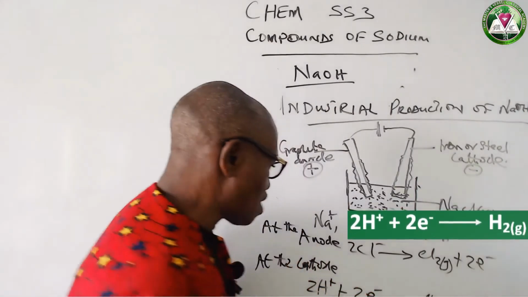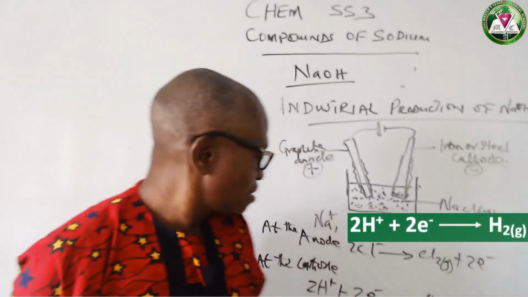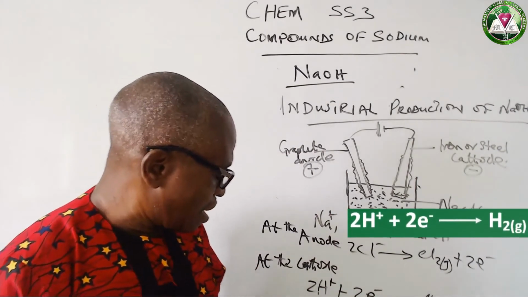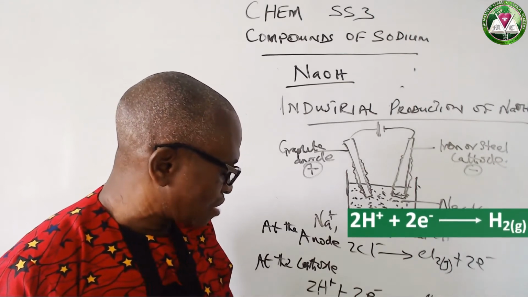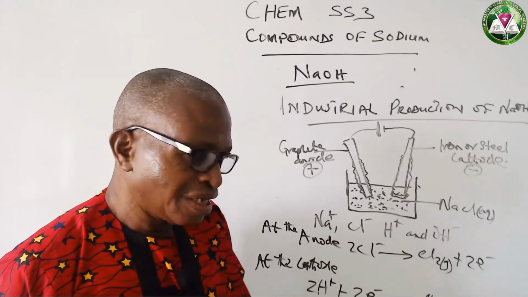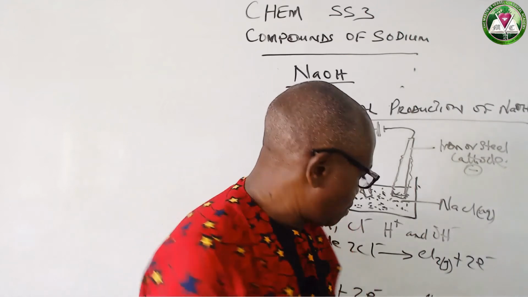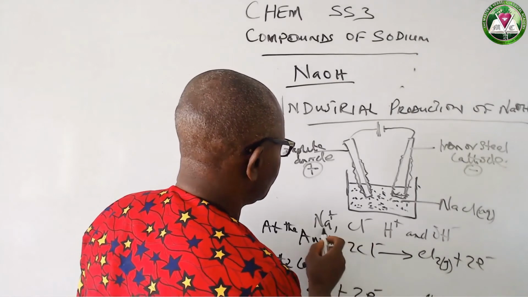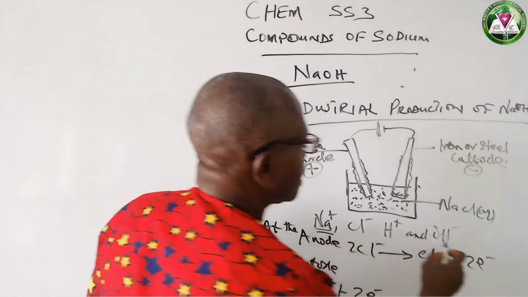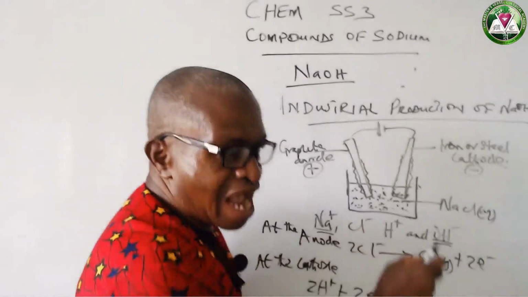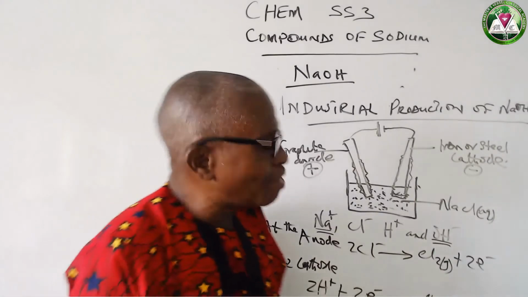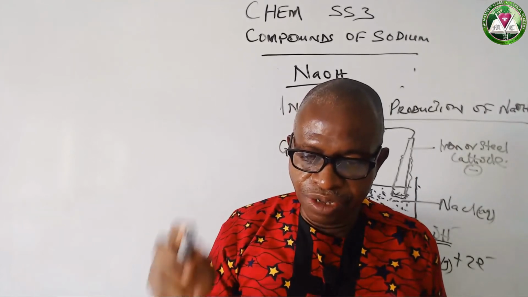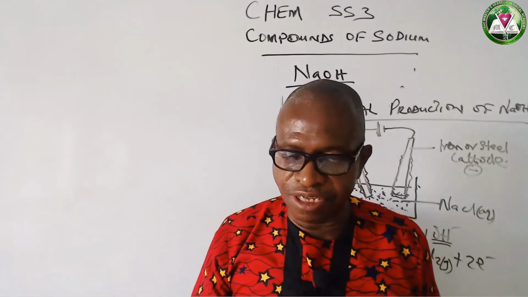You see that the product of electrolysis at the anode is chlorine gas, and the product at the cathode is hydrogen gas. The sodium ion and the hydroxide ion are left behind in the beaker. And when you add sodium ion plus hydroxide ion, you will now get your sodium hydroxide.